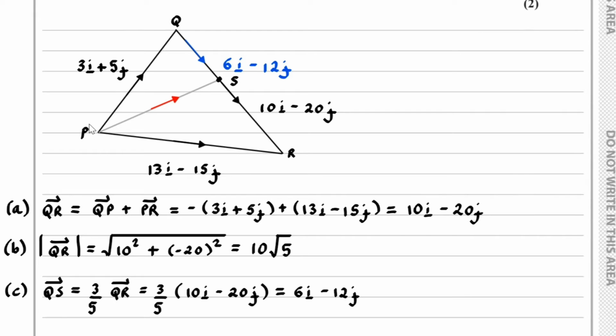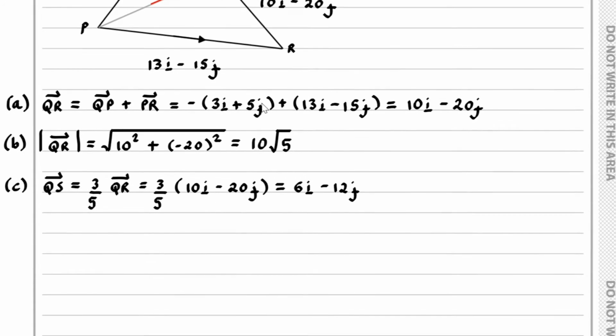So, to find out what PS is, well, we can add together PQ and QS. And so therefore, the vector PS is equal to the vector PQ plus the vector QS.